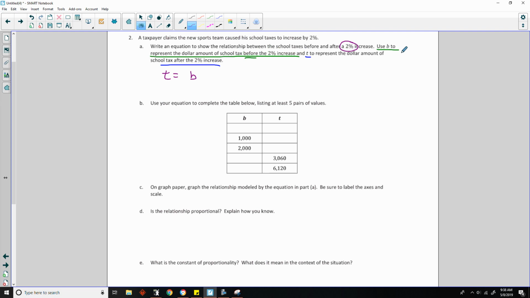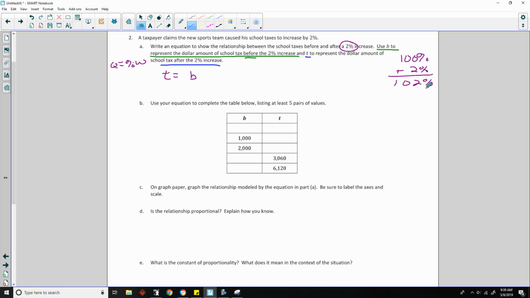Well, to increase a value, you always think of something as being 100%, a whole. So remember our equation: some quantity equals a percent times a whole. A whole is 100%, and that is our B.